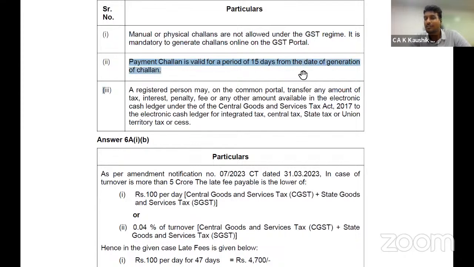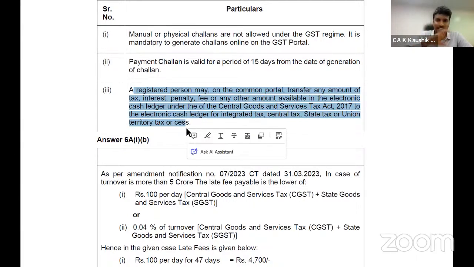Payment challan is valid for 15 days. A registered person may on the common portal transfer an amount of tax, interest, penalty, fee or any other amount available in the electronic cash ledger of CGST to the electronic cash ledger of IGST or CGST or SGST or Union Territory Tax. So it can be transferred. So cross utilization is allowed.